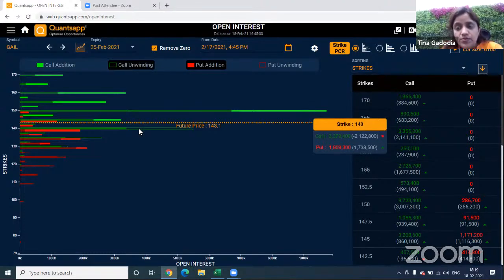But here it is also very important: will the journey be one-way, directly from 140 to 200? No, it will never be that way. There will always be multiple hurdles and multiple supports coming up.